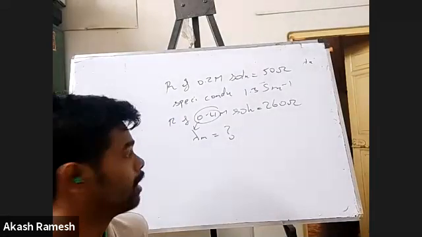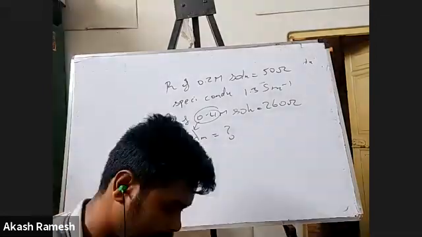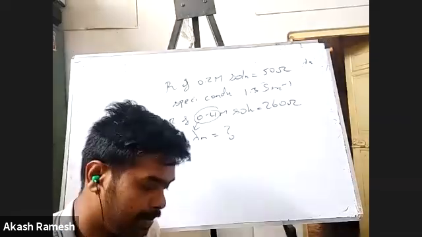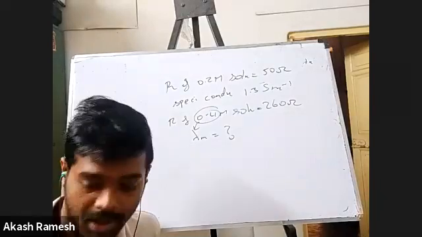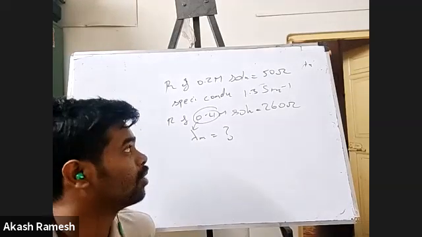Molar conductivity, you write it as lambda m. Now tell me which area of electrochemistry this question is from. Molar conductivity, obviously, but there are other things involved right here.